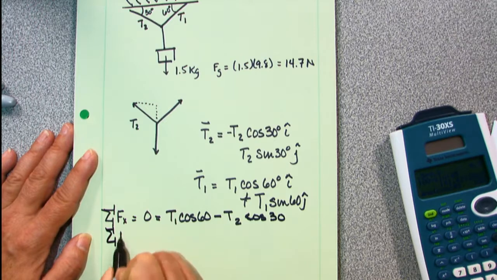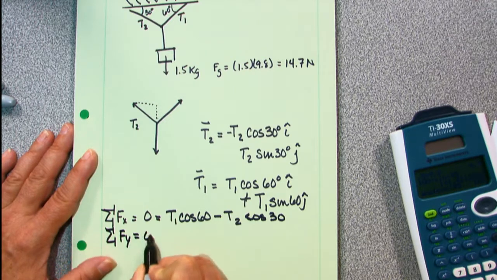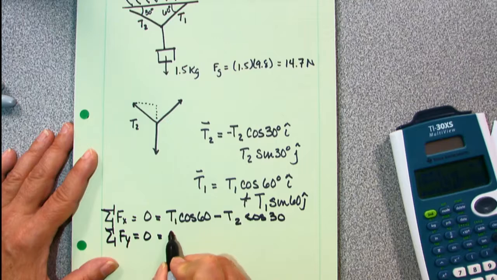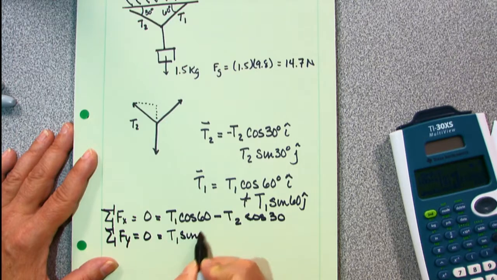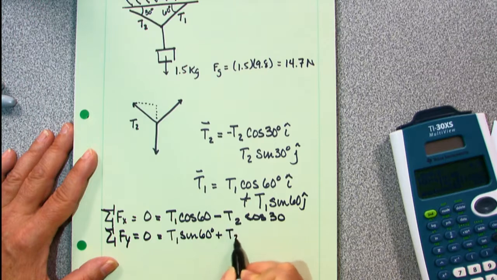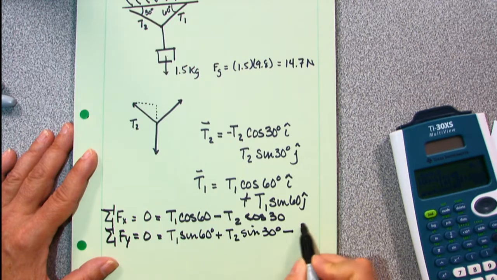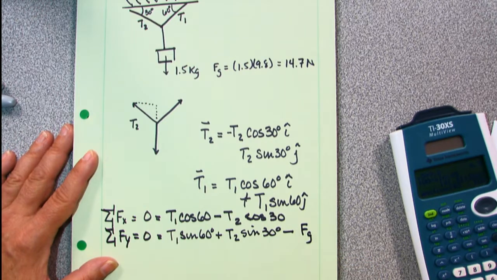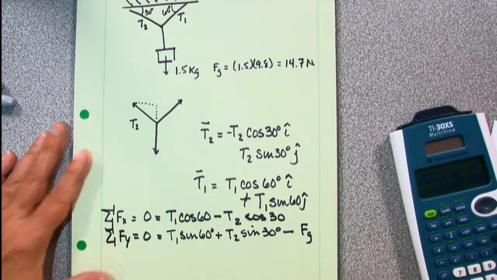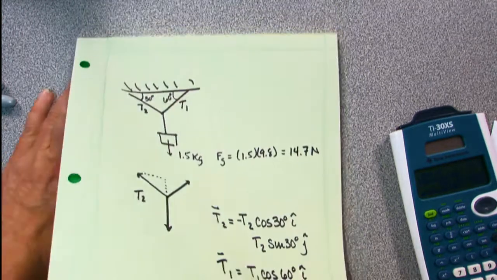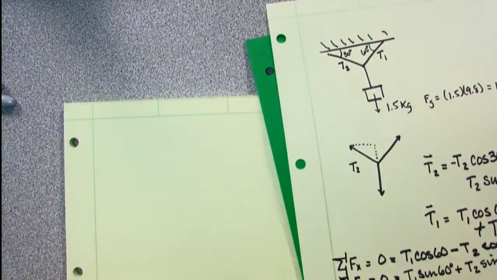Sum of the forces in the y direction is going to be T1 sine 60 degrees plus T2 sine 30 degrees minus the force due to gravity. Now for this one, I can use a mathematical trick to help me out.